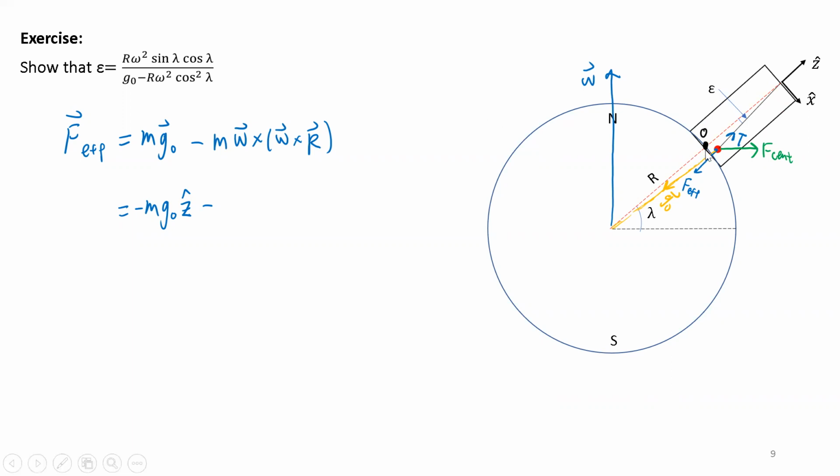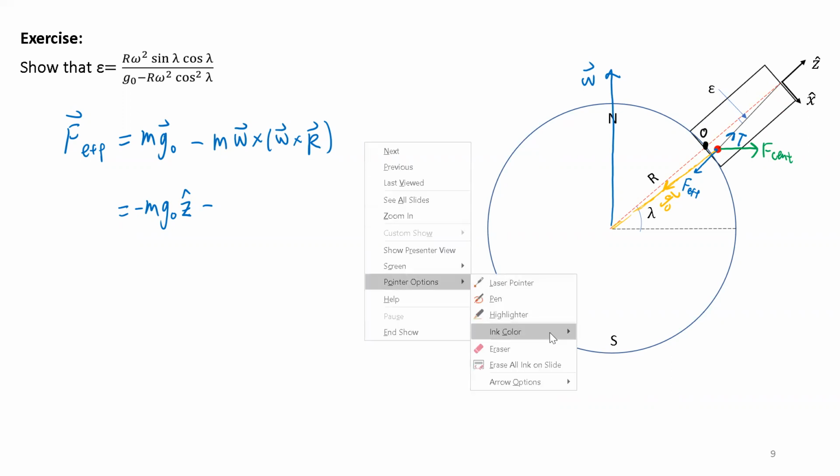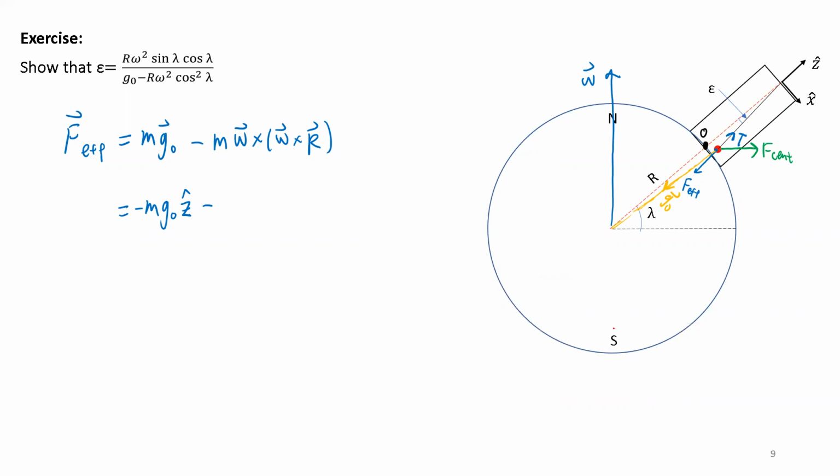And what about the capital R vector? Right. So the capital R vector is this thing. And this capital R vector is just parallel to the z hat, right? So then therefore this capital R vector is just R times z hat.